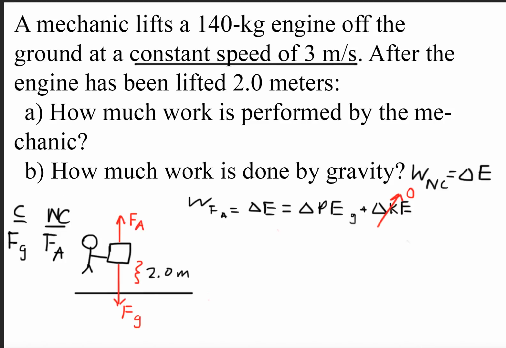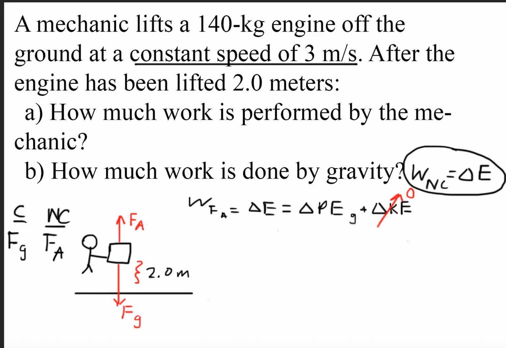And the reason for doing this is because I wanted to utilize this work energy theorem. There are 3, and I decided to go with this one because the work done by the non-conservative forces corresponds to what this question is asking, because the work performed by the mechanic is our applied force.